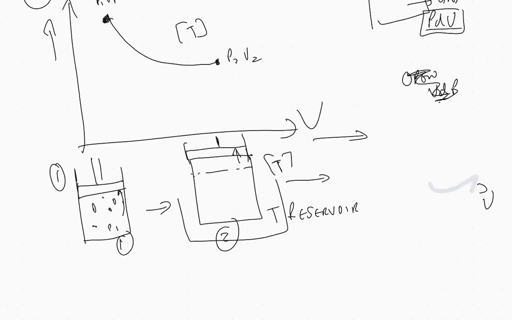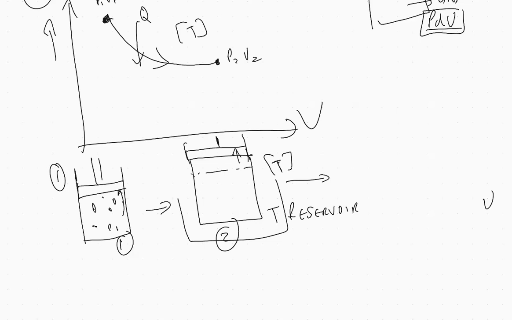Now we do the expansion without changing the heat. Whenever the temperature is kept constant, this is the isothermal part, so it is going this way, and here the energy is going in.